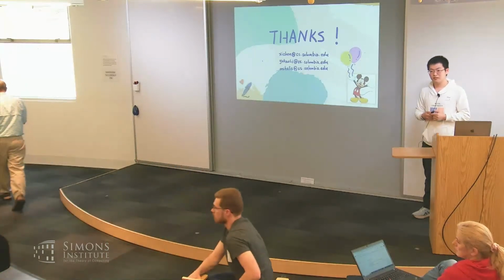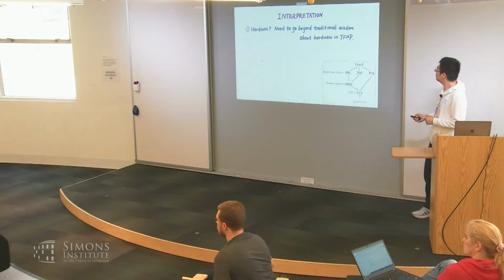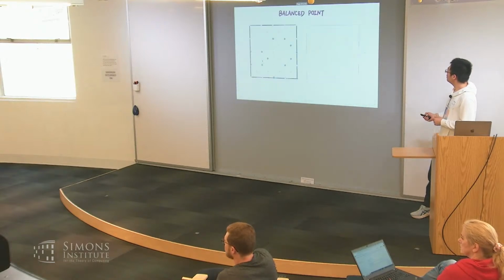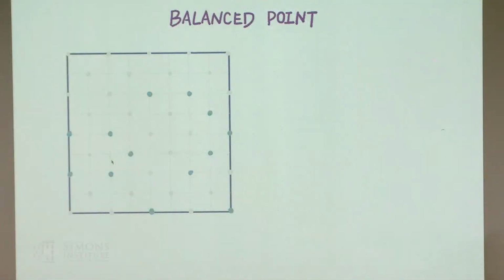Just a clarification. So in your balanced point slide, what are the blue points? Why are they the candidates? Oh, I see. So the setup is, suppose we have queried a few points. Then we have eliminated some set of the points. Then the remaining points will be the so-called candidate points. Like we know some points cannot be the fixed point, and some points might be the fixed point. That's called candidate points.